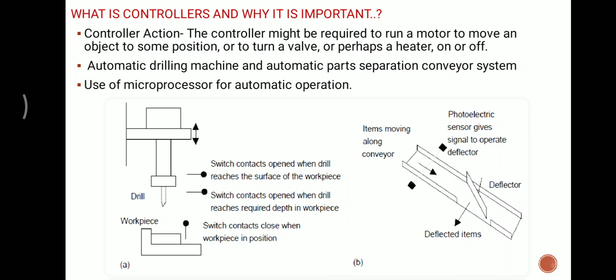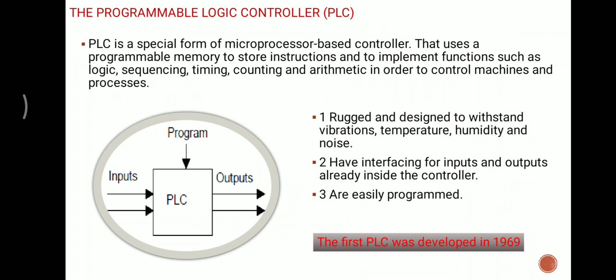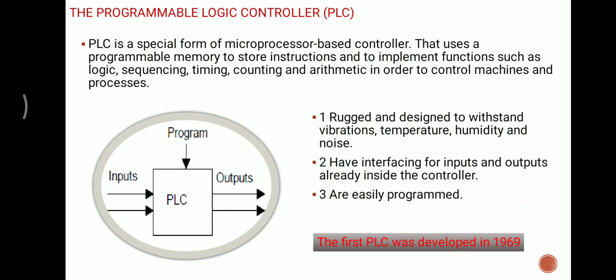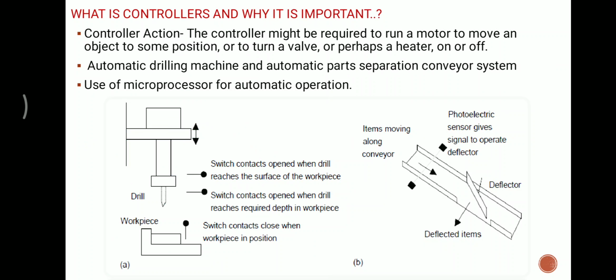Depending upon that, this deflector will send that particular part into the rejection bin, or it will go to the packaging section. So this is nothing but an automatic controlling conveyor system. In these two examples, the use of a microprocessor for the automation operation is very important.